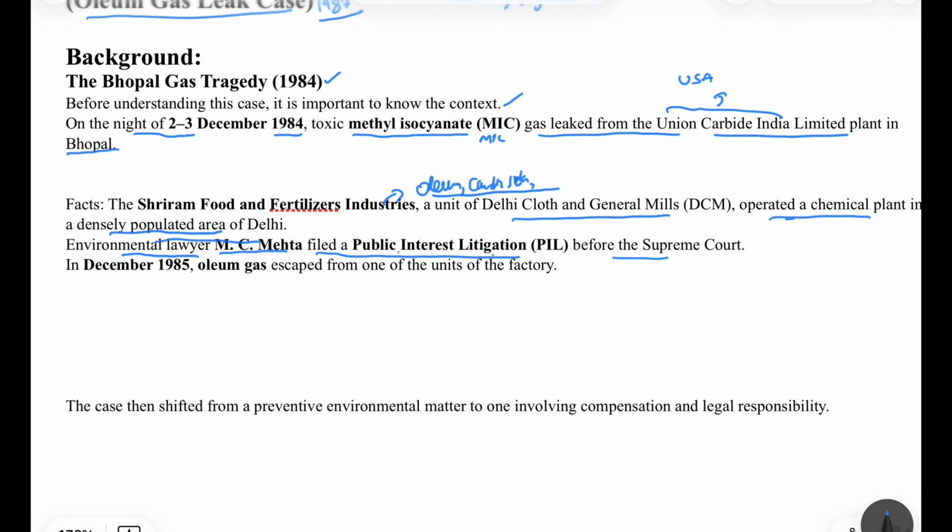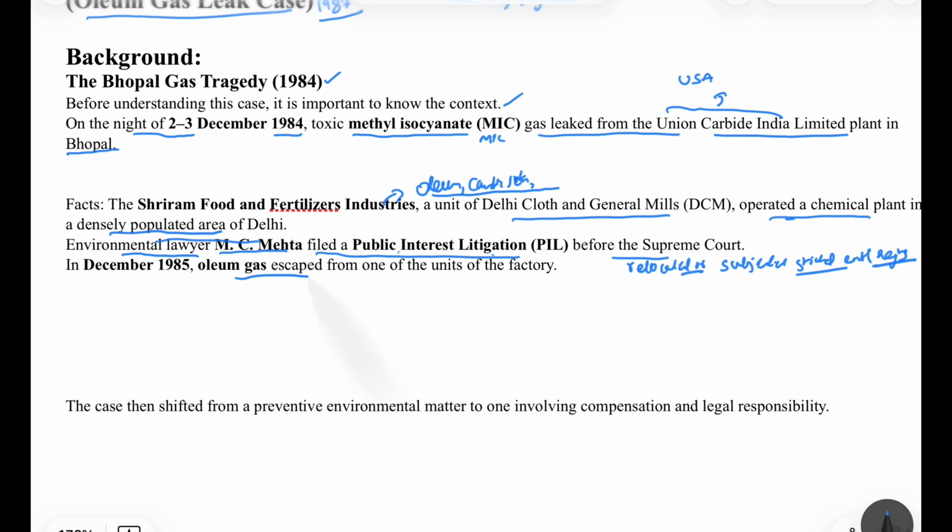He said that the plant should be relocated or subjected to stricter environmental regulations, which was reasonable in his claims. Firstly, the case was focused only on environmental protection and public safety itself.